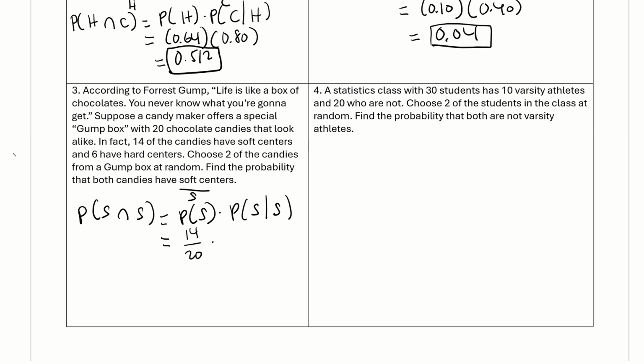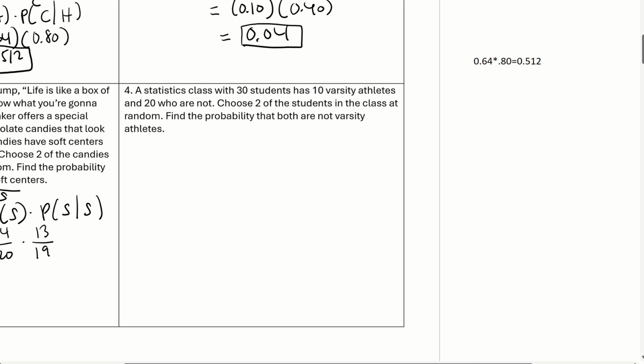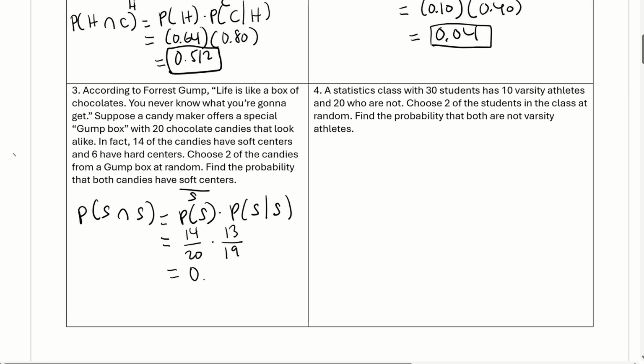And then the second one, once you pull that one out and eat it, then you're going to have 13 left out of 19 candies. Some students forget to reduce that to 19, so make sure you do that. All right, and then you multiply those two probabilities together. 14 out of 20 times 13 out of 19, you get 0.4789.